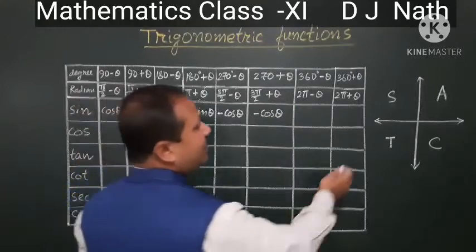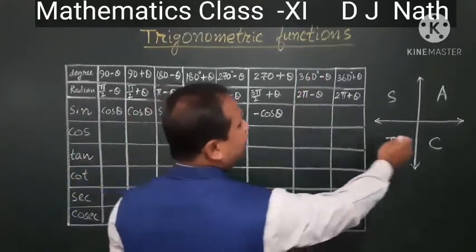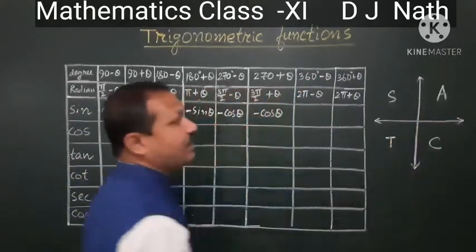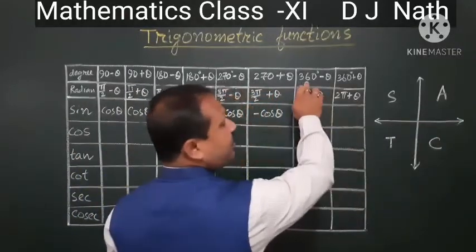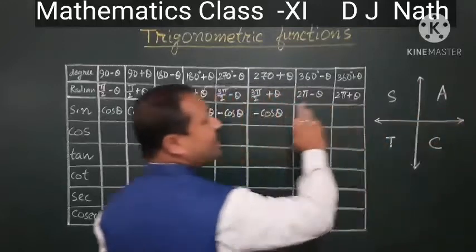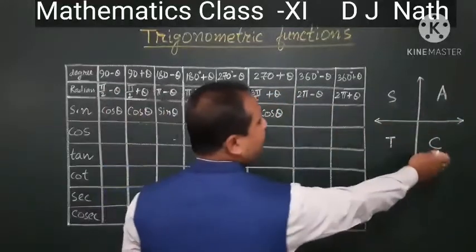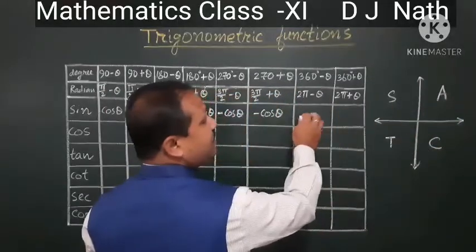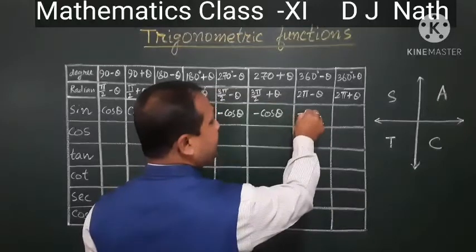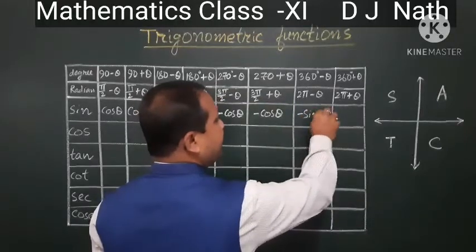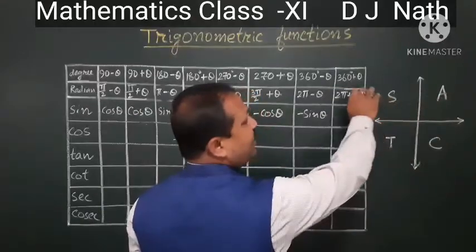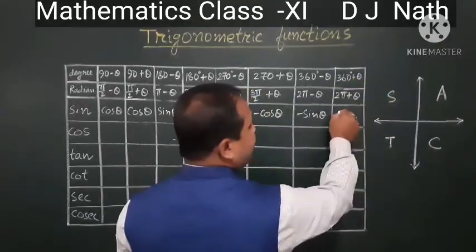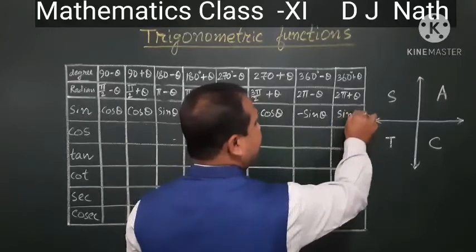Next, when we are using 360 minus theta: 360 means this line, so sin will remain sin, but in the fourth quadrant the value is negative, so it is minus sin theta. And 360 plus theta is the same as theta, so it is sin theta only, first quadrant.